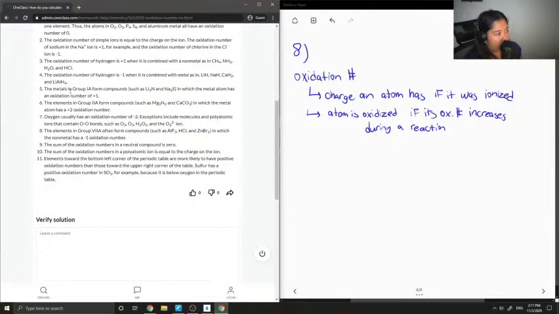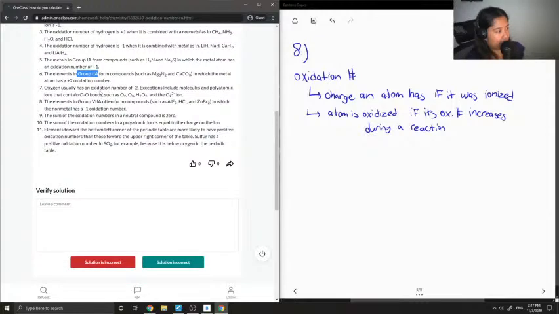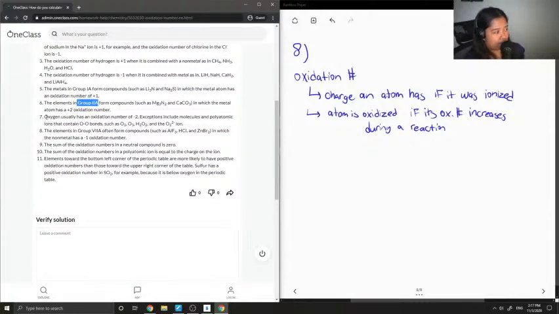Metals in group 1A have an oxidation number of +1. Similarly, elements in group 2A on the periodic table have a +2. And typically, oxygen usually has an oxidation number of -2, but there are some exceptions: when it forms a peroxide, then it only has an oxidation number of -1.